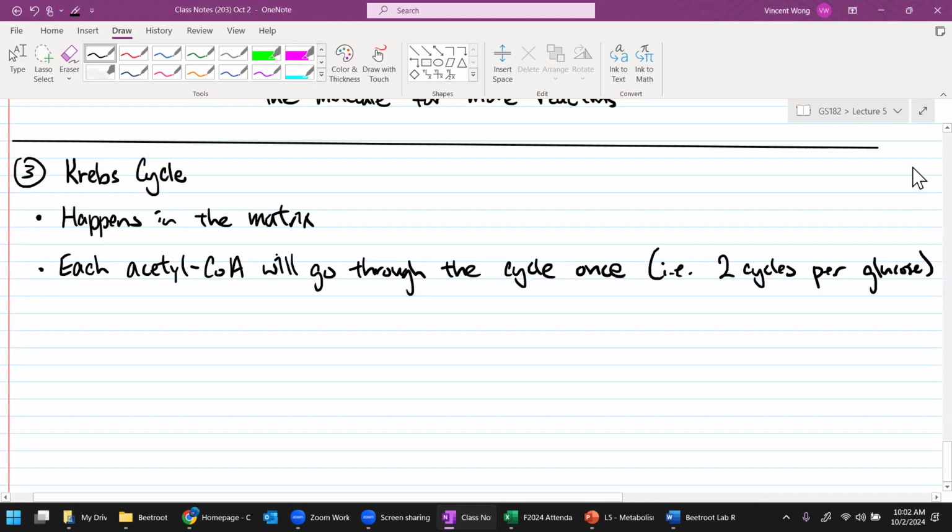A lot of people think IE means an example, but IE means it means. So it goes through the cycle once, which means it's 2 cycles per glucose. Remember, glucose, you split them. Each pyruvate will become acetyl-CoA, and each acetyl-CoA will do its own spin.